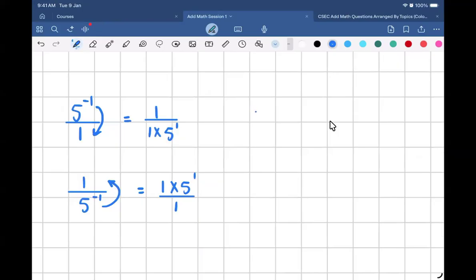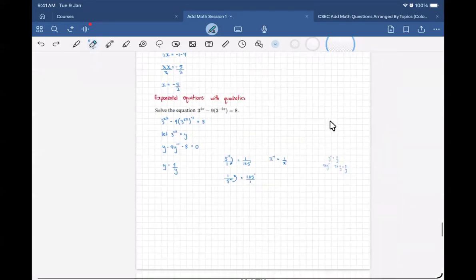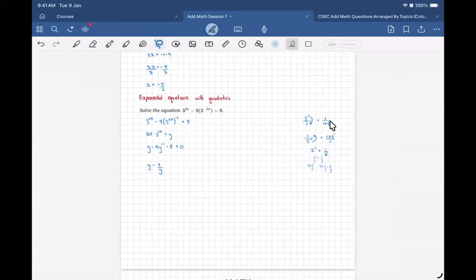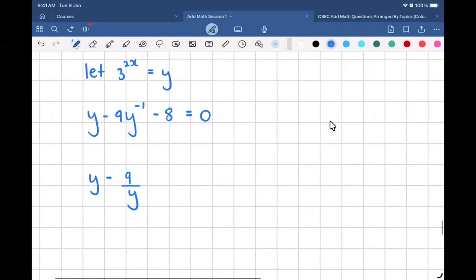So tell me, Serena, if I had x to the power -1, what's another way I could write it? You could write it as 1 over x. Perfect. Yes, which is just 1 over x, right? So you understand it now? Yeah. So in this particular question, we had 9 multiplied by y to the power -1.